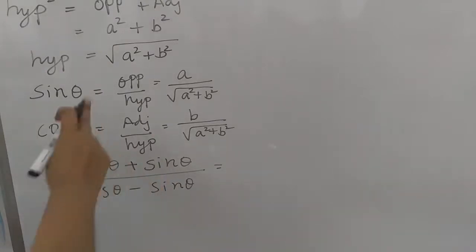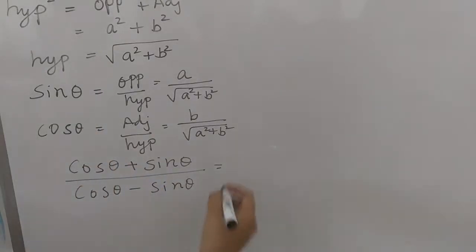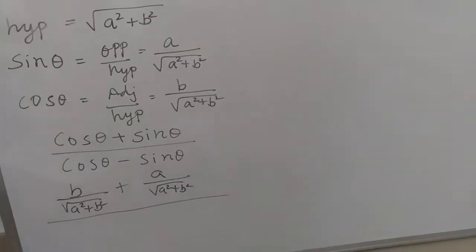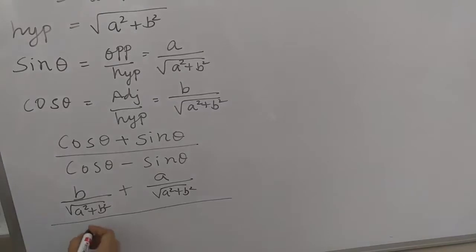This is the value we want to find out. So I will substitute the values of cos and sin in this. For that, the cos value I substitute here as b upon square root a square plus b square, plus sign in between, sin theta is a upon square root a square plus b square. In the whole denominator, cos theta minus sin theta, I will write here as cos theta is b upon square root a square plus b square minus a upon square root a square plus b square, the sin theta value.